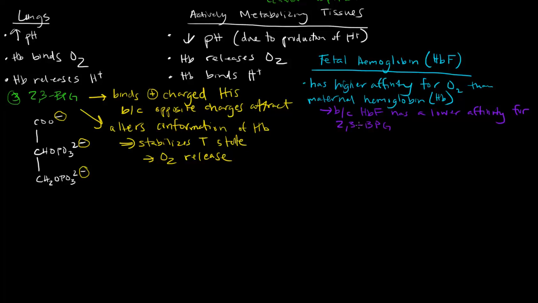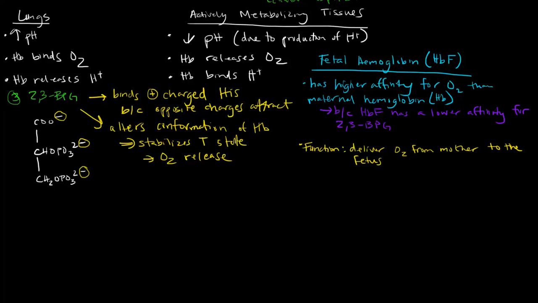That's what we're going to talk about in just a second. I do want to note, before I start to explain things, that its function is to deliver oxygen from the mother to the fetus, to a pregnant mother's fetus.